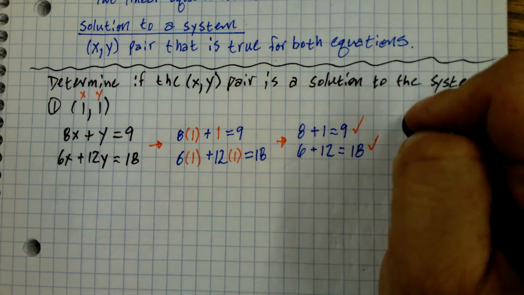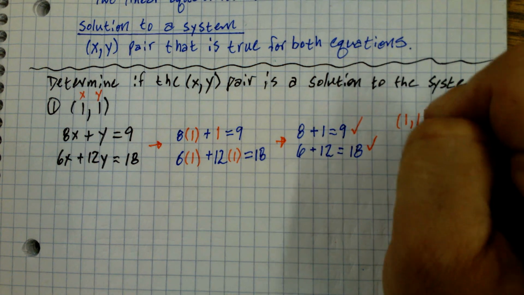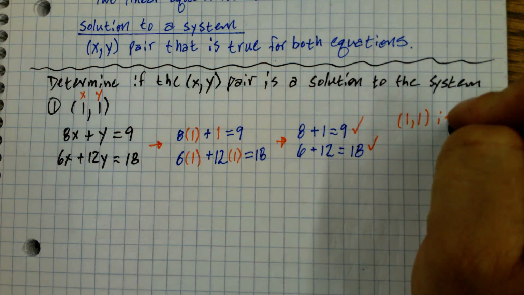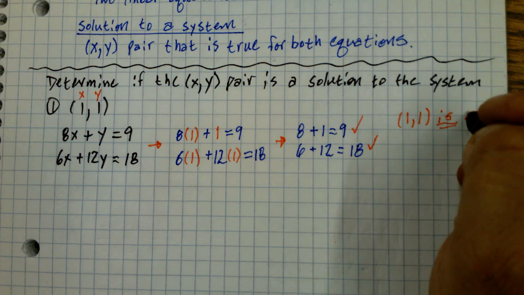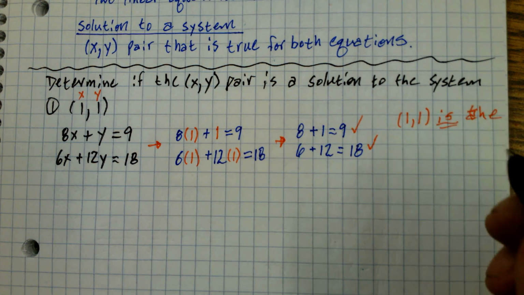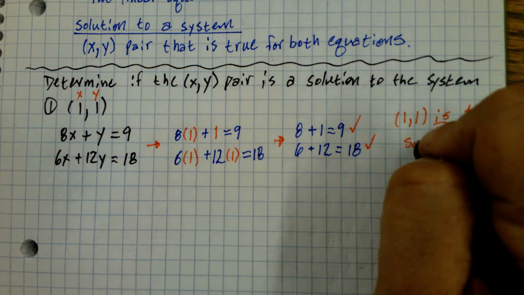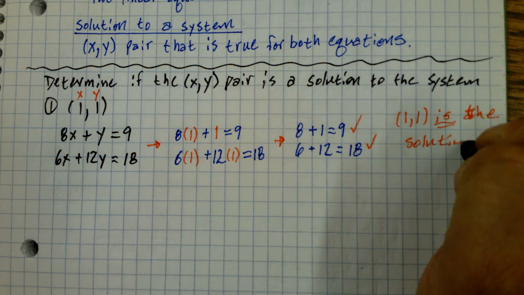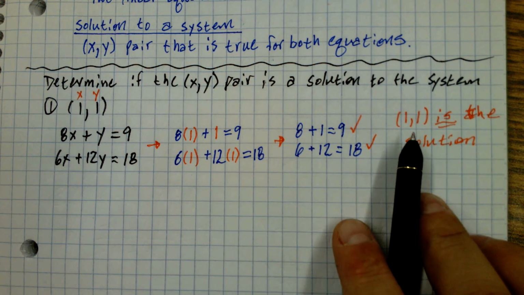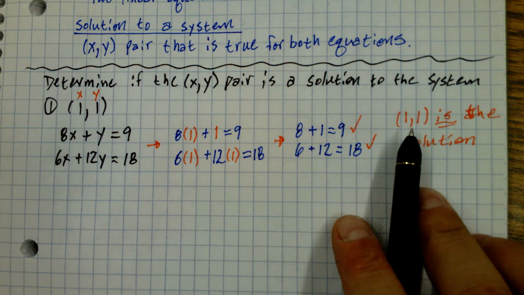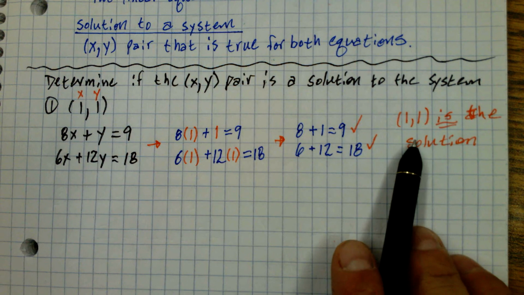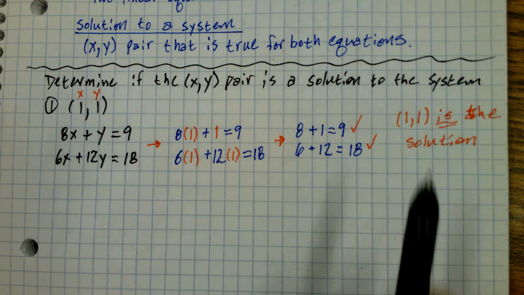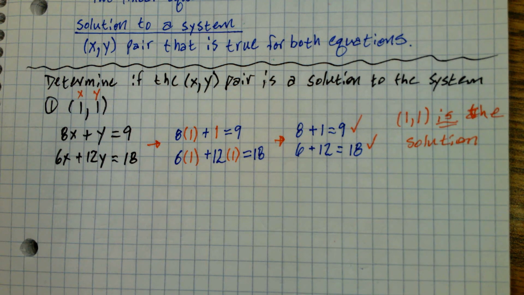So for this one, I'm going to say 1, 1 is a solution. Actually, the solution, it's the only solution. Because what's going to happen if I graph these, both lines are going to meet at the location 1, 1. And they're never going to meet again. So it's the only spot where it's a solution. Okay? Any questions?